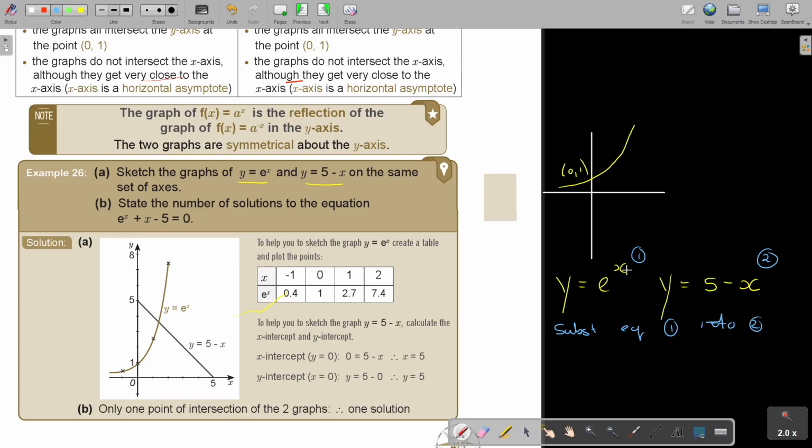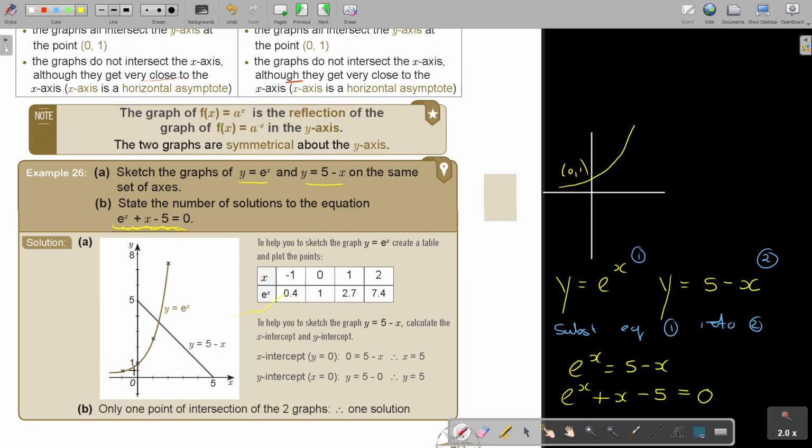Then it's e^x = 5 - x. And I want you to take everything to one side. So e^x + x - 5 = 0. And this is exactly what is standing there.